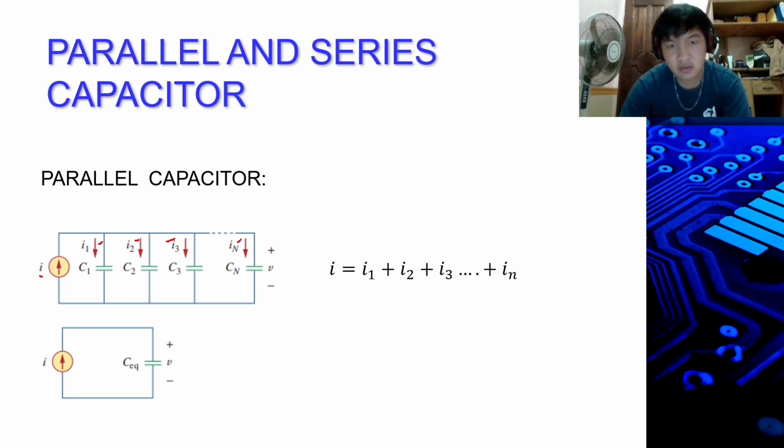So, I is equal to I sub 1 plus I sub 2 plus I sub 3 until I sub N. And for C equivalent, which is connected in parallel, we represent it as an equivalent capacitor. For parallel capacitors in the circuit, C is equal to C sub 1 plus C sub 2 plus C sub 3 until C sub N. We just add them all.